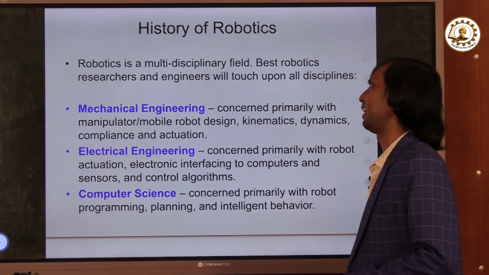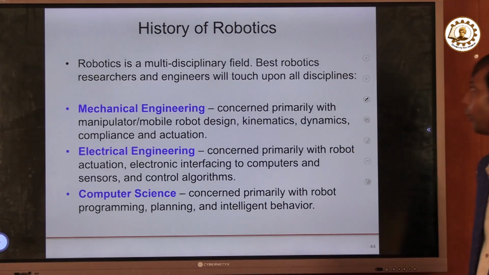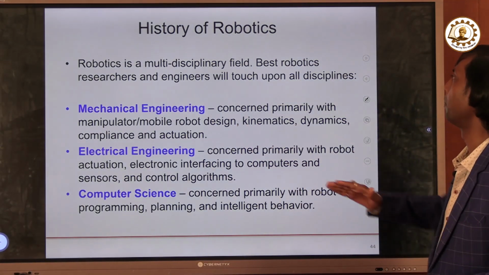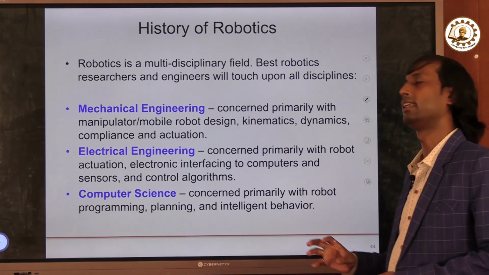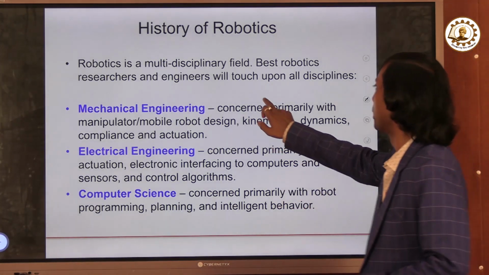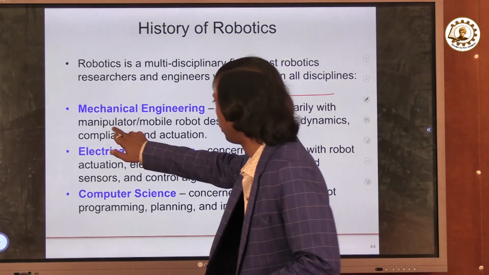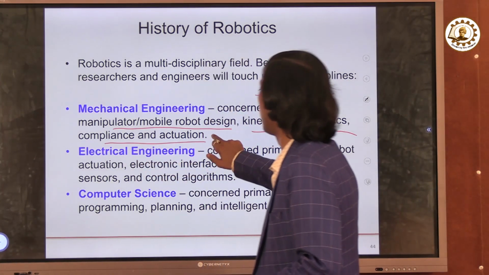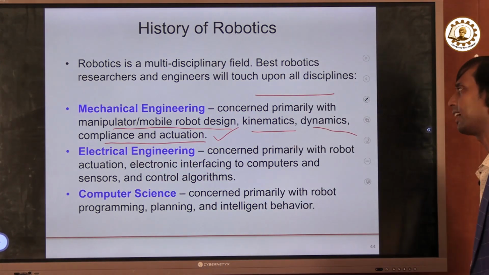So robotics is a multidisciplinary field. Okay. Mechanical, electrical, and computer, all the disciplines are required. Concern primarily with manipulator, mobile robot, design, dynamics and components of actuation is part of mechanical.